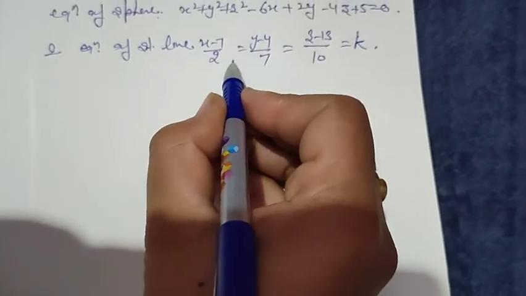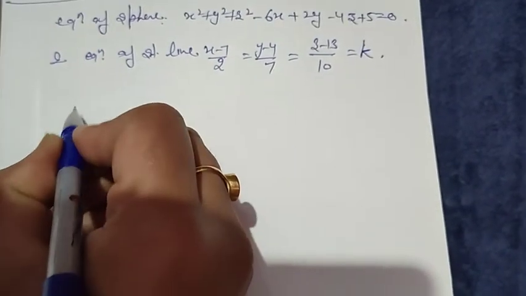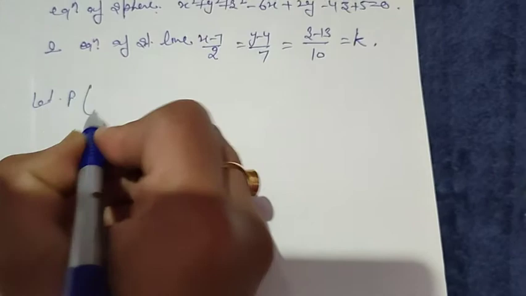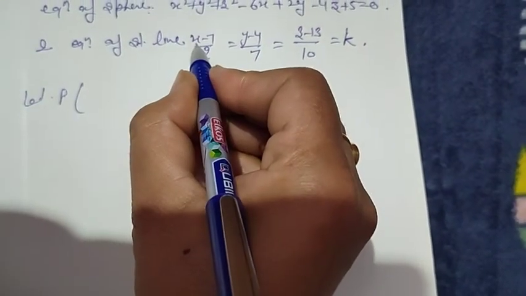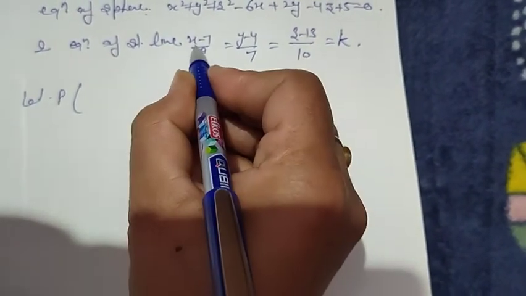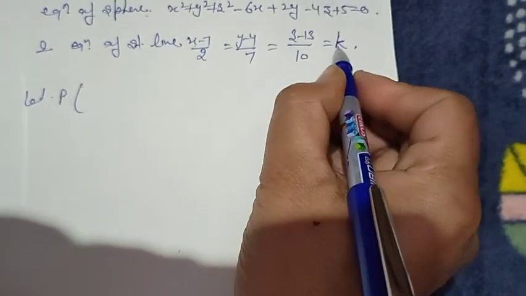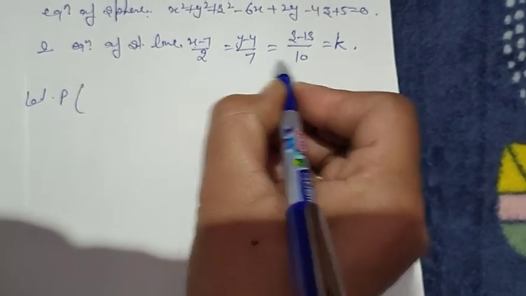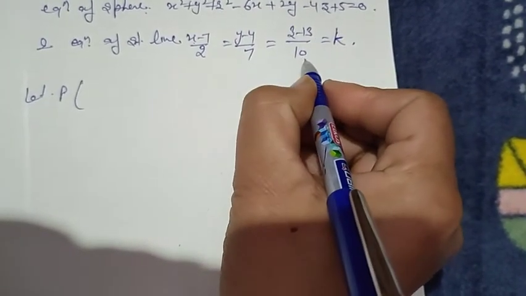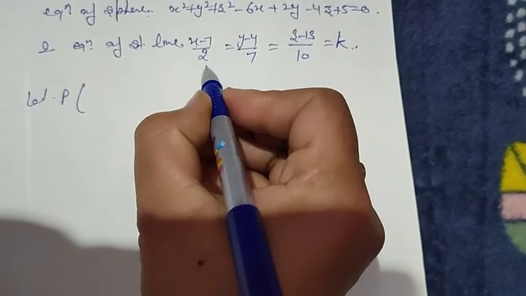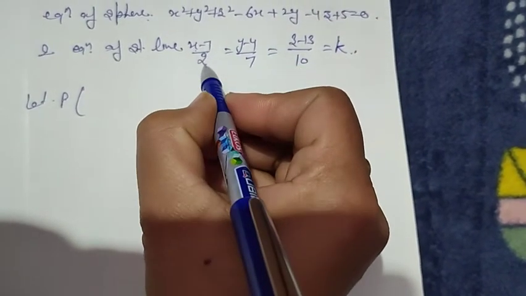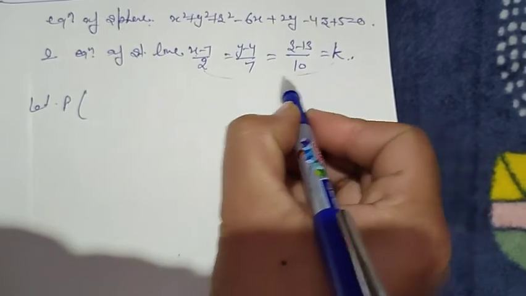Now we find the point P of this straight line. Let point P be such that (x-7)/2 = k, (y-4)/7 = k, (z-13)/10 = k.